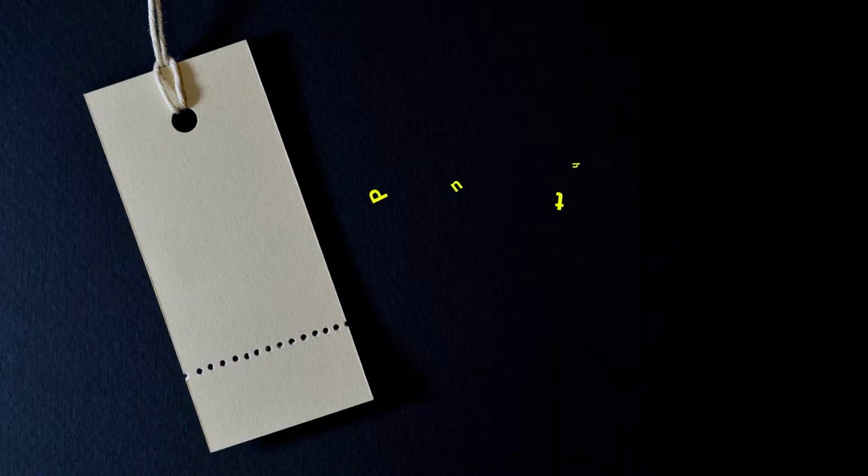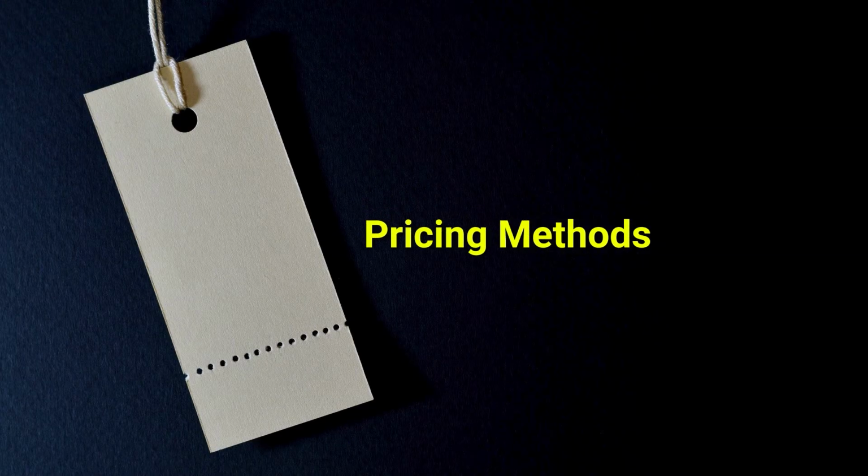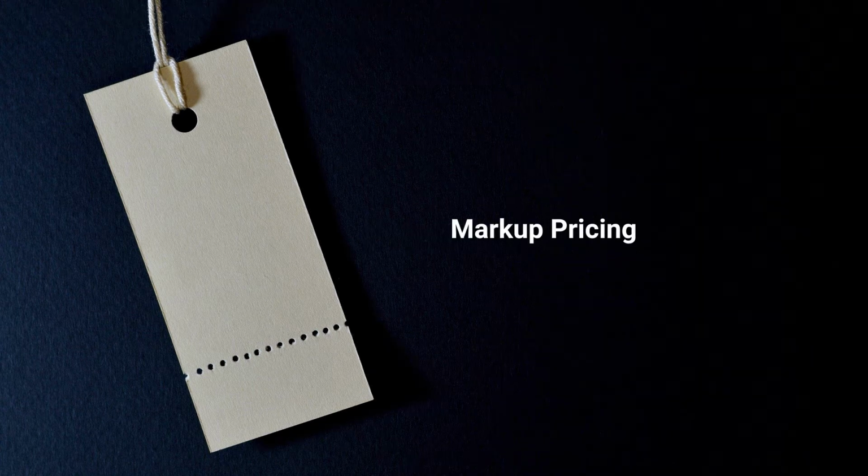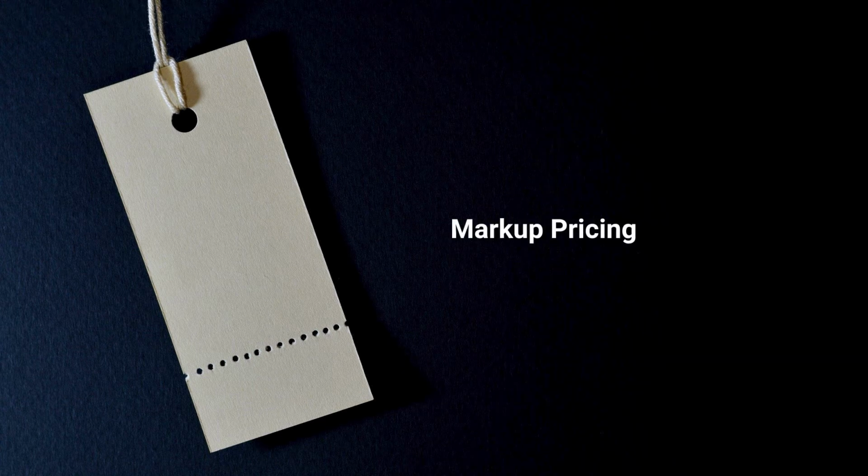But going into details, there are some more ways of pricing, and I would like to discuss those ways with you here. One is markup pricing. What happens in a markup?